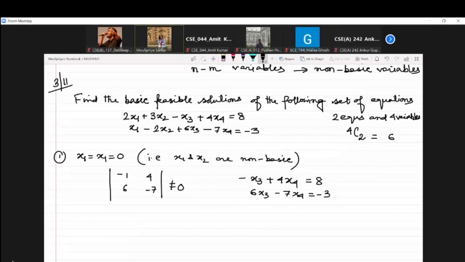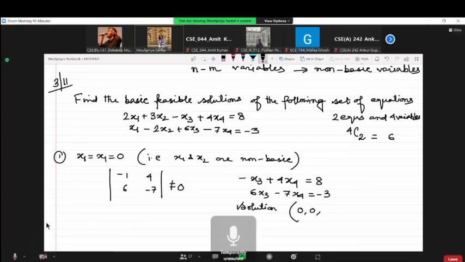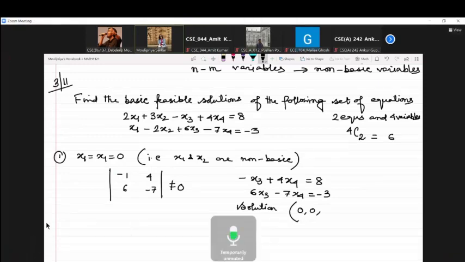Can you quickly tell me the solution to this one? x1 and x2 are 0. What about the values of x3 and x4? Sorry, x1 equal to x2 equal to 0.